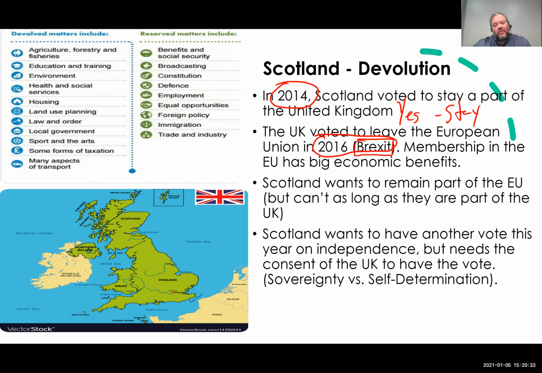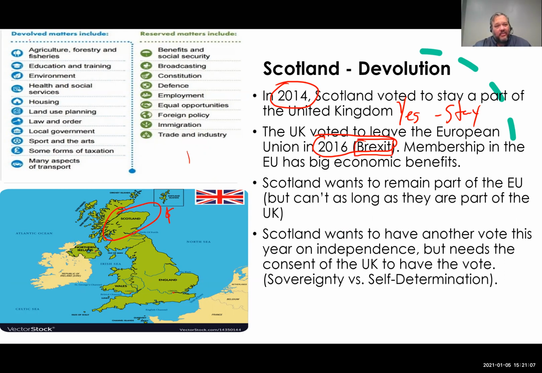So anyway, the United Kingdom left the European Union, and so Scotland's saying, wait a minute, the EU does this pretty well, and so now Scotland is starting to say, hey, we'd like another vote to leave. We want to create our own independent state and be able to join the EU if we want to. But that hasn't happened yet. So again, that would be an independence movement, but they're not quite there yet.